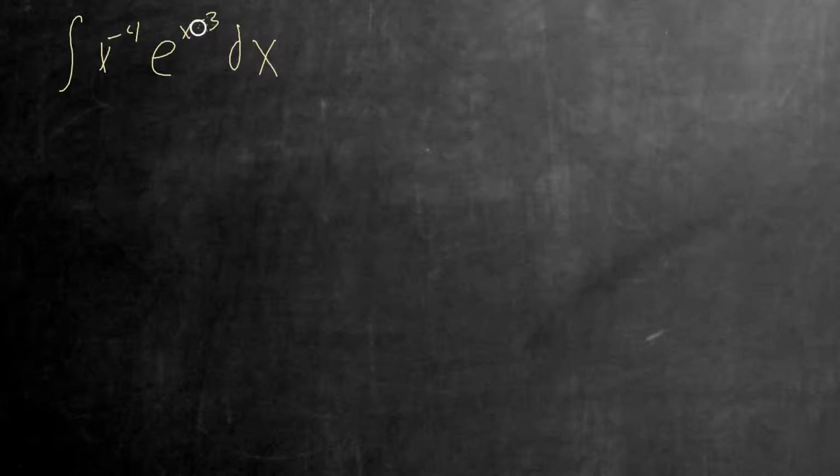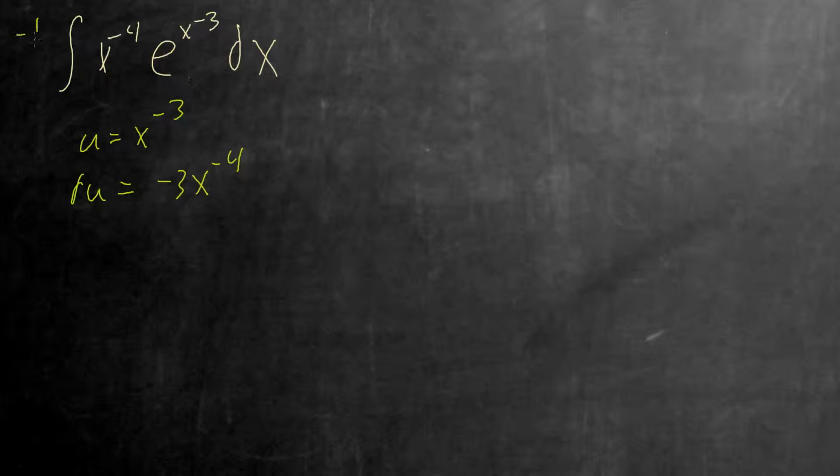Now let's look at c. The integral of x to the negative 4 e to the x to the negative 3 dx. So all the way inside has got to be u. If u equals x to the negative 3 and we differentiate that, that's going to be negative 3x to the negative 4.